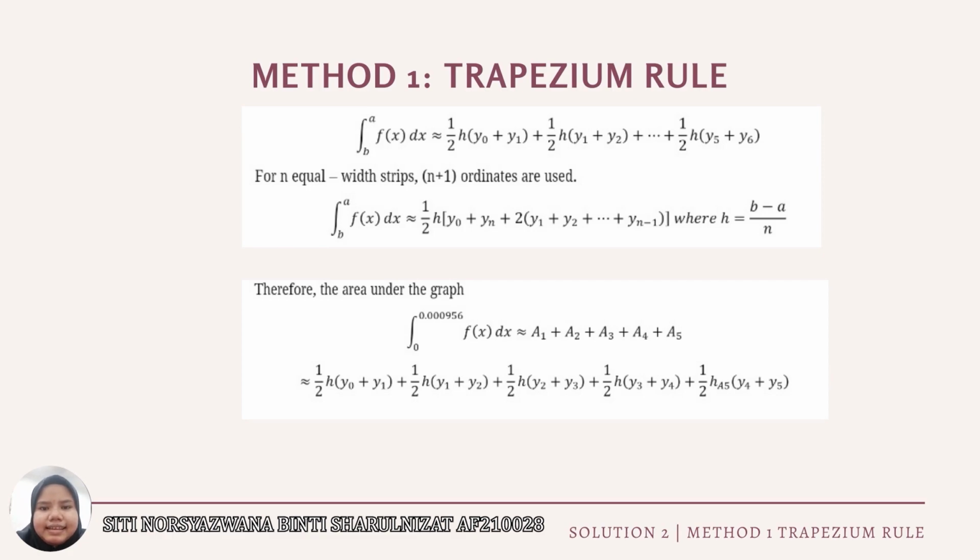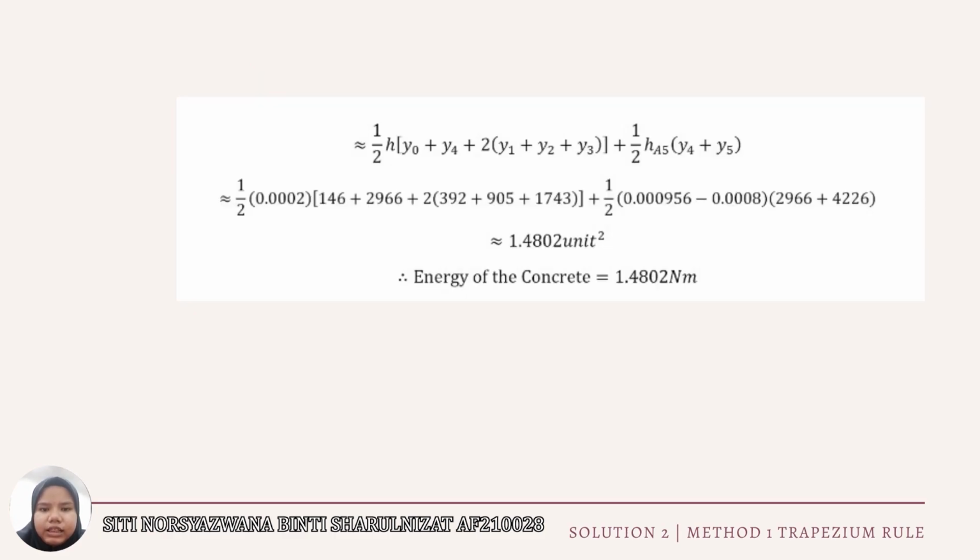For the first method, we use the trapezium rule. From the graph, we can divide it into 5 parts. We need to find the area of each part and add all the areas to find the total area of the graph. From this calculation, we get the area under the graph is 1.4802 units squared.